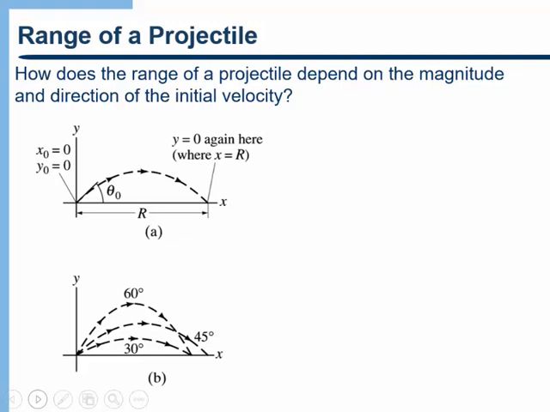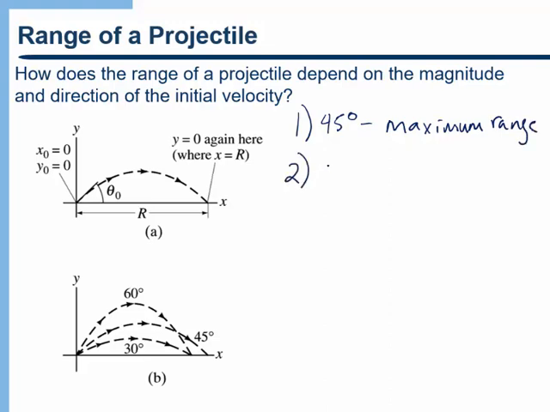So I would like to remind you of all the things that we've talked about over the last 2 videos. Earlier in the last video, I claimed that 45 degrees gives the maximum range. I also claimed that complementary angles give the same range.